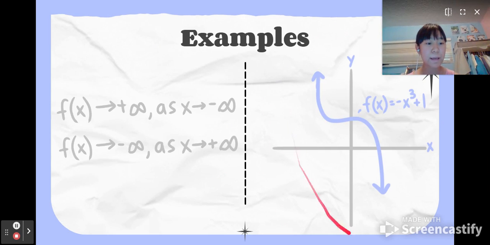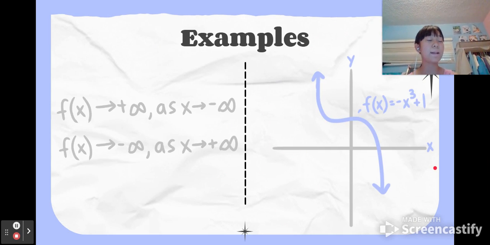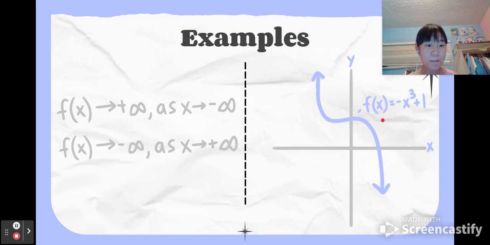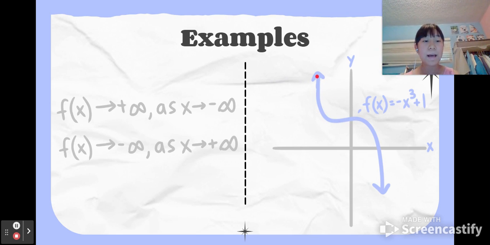So here is an example. f of x equals negative x cubed plus 1. Let's look at the left side of the graph. We see that y is going towards positive infinity as x is approaching negative infinity. As it's written out right here, we can see that yes, f of x is approaching positive infinity as x is approaching negative infinity as well, as stated right here.